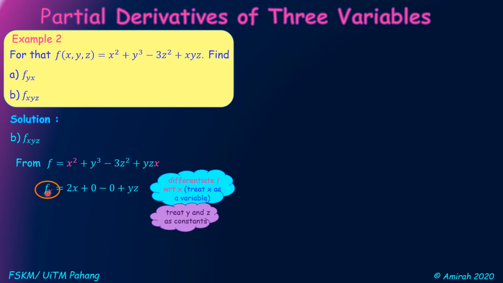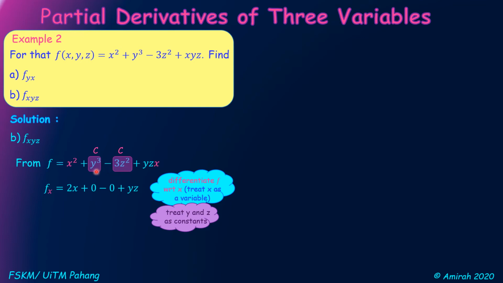When we differentiate f with respect to x, we have fx here. Then y cubed here. Since we treat y as constant, y cubed is also constant. And since we treat z as a constant, 3z squared is also constant.